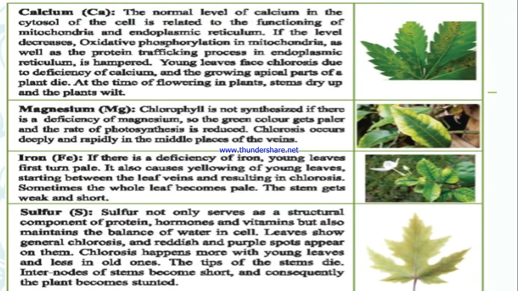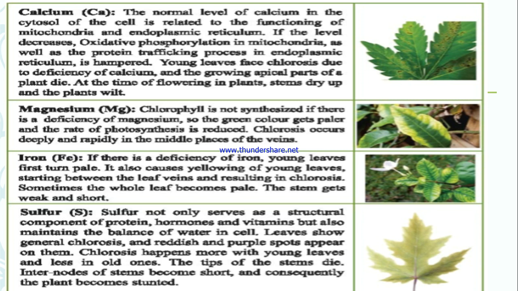Next is calcium. If the normal level of calcium in the cell is low, it's going to show some symptoms like the young leaves will face chlorosis, and flowering of plants will become very dry, stem will dry up, and plants will die.